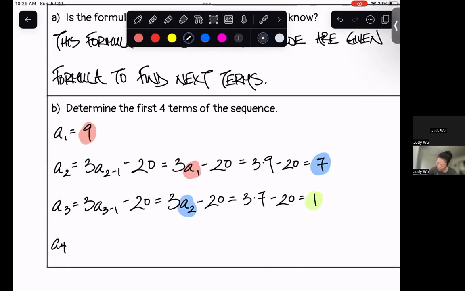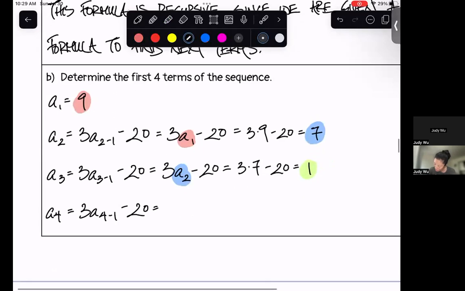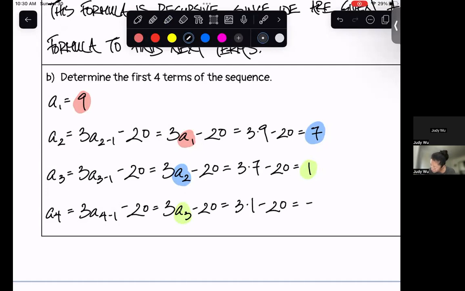We've got to find a sub 4. 3 times a sub 4 minus 1 minus 20, and that gives us 3 a sub 3 minus 20. And so we're going to go ahead and plug in 3 times 1 minus 20. So 3 minus 20 gives us negative 17.